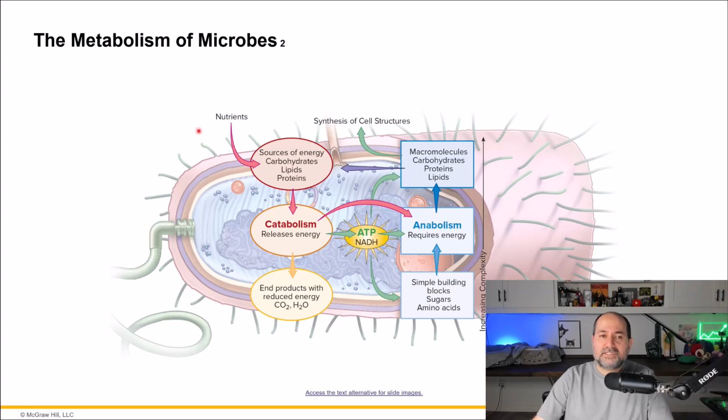Because the whole reason we consume nutrients, sugars and fats and such, is so that we can break down those sugars and fats via catabolism, and that releases energy, and we use that energy in order to conduct anabolism, to build the proteins, the lipids, and the carbohydrates we need to live. So the two go hand in hand, and remember, catabolism and anabolism together make up your total metabolism.